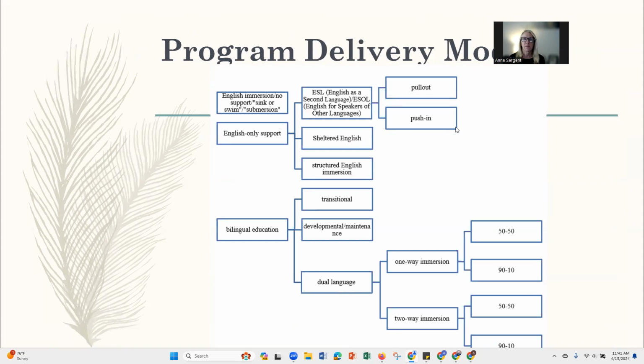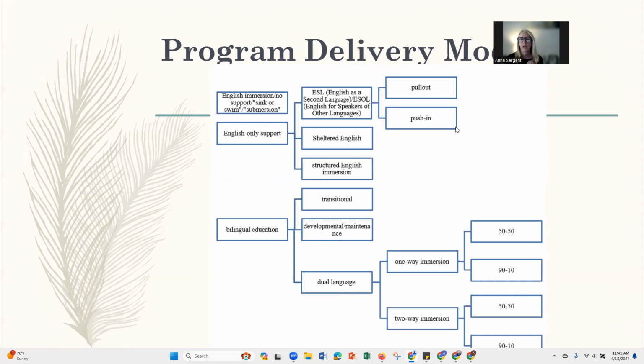These are some of the different delivery models that are available for you. These are usually decided by your district and your local administrators in your building. They look at the number of ELs in the school and the number of ESOL endorsed teachers in the building, and they make decisions based on that as to which of these delivery models will be used.